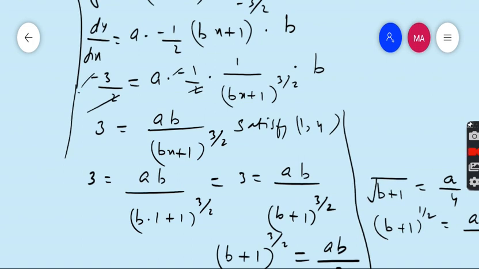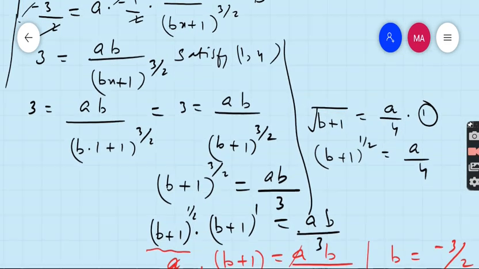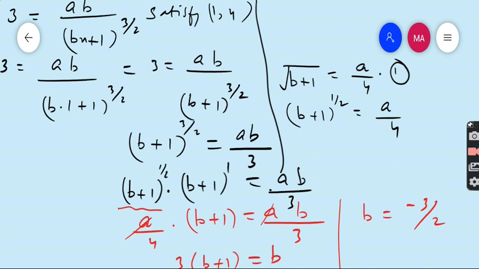Now 3 is equals to ab upon (b plus 1) to the power 3 upon 2, and x is 1. No mistake. Now (b plus 1) to the power 3 upon 2 is multiplied over there, and 3 will be the denominator. So ab upon 3. No mistake. (b plus 1) to the power half, b plus 1. No mistake.